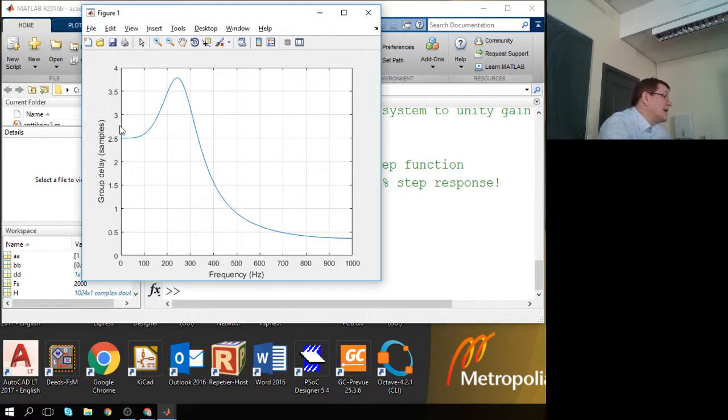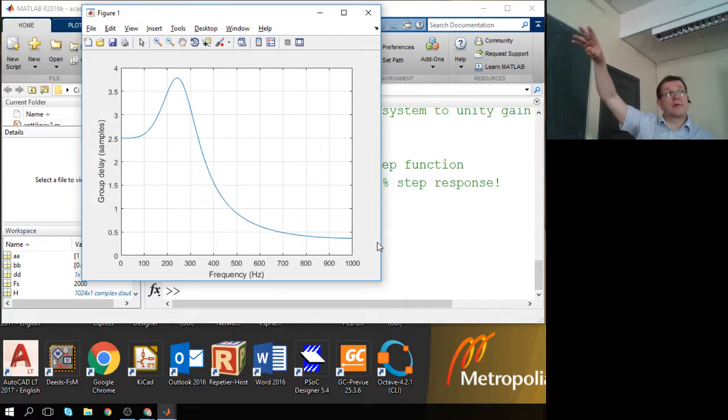Oh, it's still in samples. That's great, I would actually put the seconds there. Okay, that's about 1.25 milliseconds here. So it's a 2.5 sample delay at the beginning, and then it rises here and then goes down here, which also shows that this is not a linear phase response.